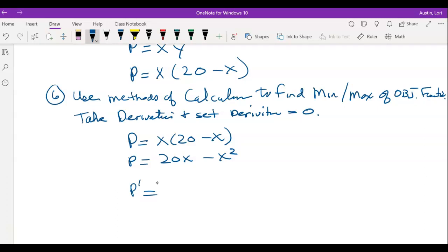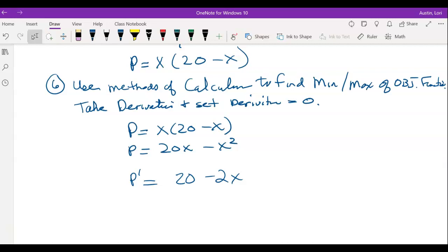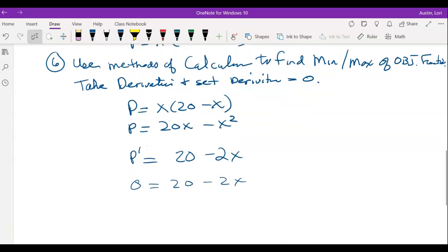What's the derivative of 20x minus x squared? 20 minus 2x. Now set it equal to 0. You don't need to worry about if it's a min or max. That will kind of come out naturally within that interval. So 0. And what does x equal?